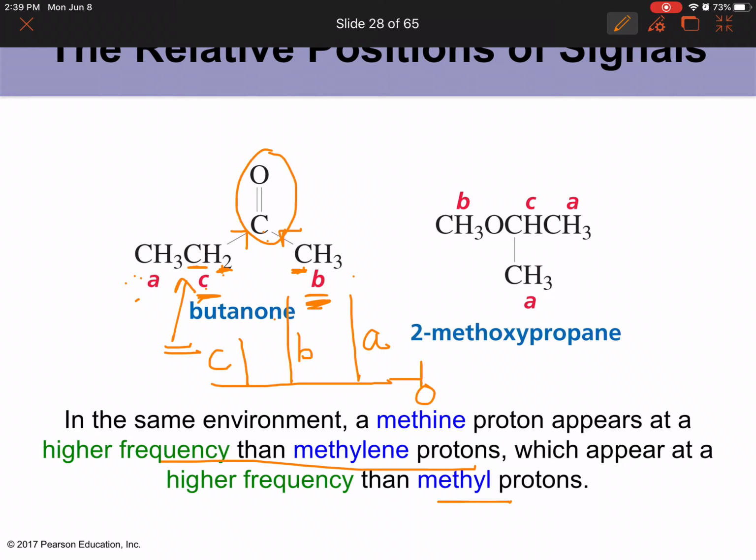Okay, and then let's look at 2-methoxypropane. How many different signals do we have here? So these hydrogens would be one signal. This one hydrogen would be one signal. These 3 hydrogens and these 3 hydrogens are going to be the same, right? Because those are attached to a carbon which has a hydrogen and a methyl group. And in doubt, you can always draw them in the expanded form. Oxygen, and then you have a carbon, hydrogen, a methyl group, CH3, and a methyl right there.